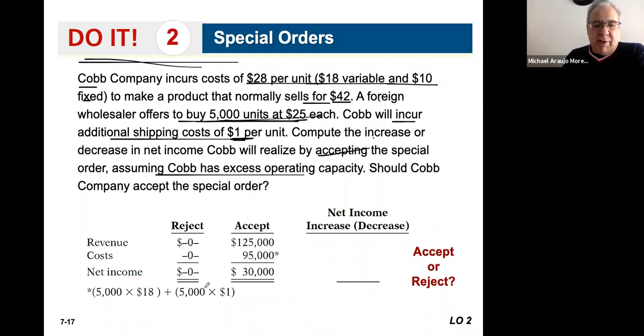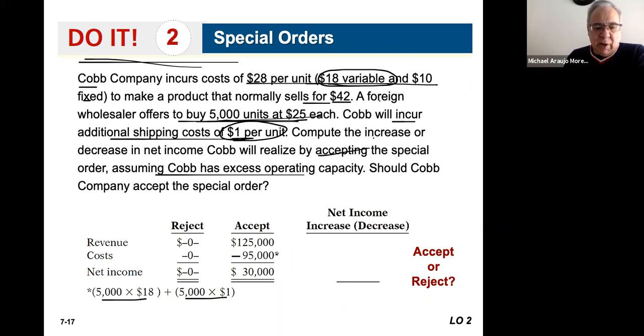Now their costs, in this case, the only thing that's going to be affected is their variable costs and the fact that they have to pay an extra $1 for shipping. So the variable costs are 5,000 times 18. The shipping is 5,000 times 1. That's how they get the 95,000. So if they accept the order, they would increase net income by 30,000.